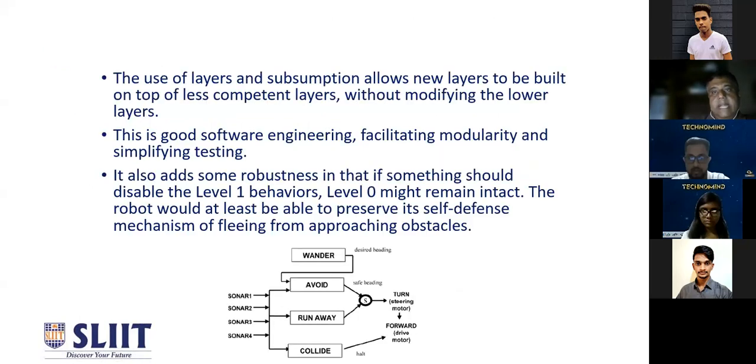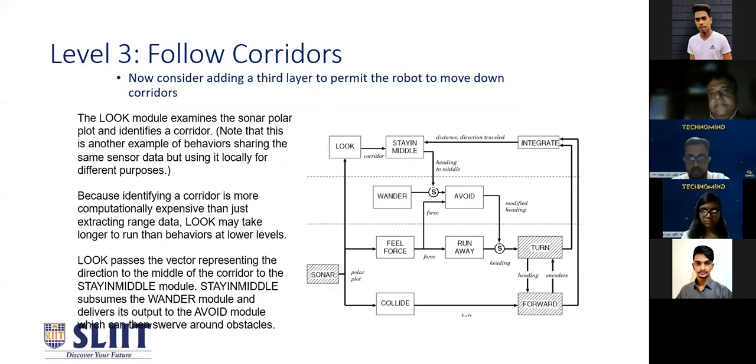Now, let's see what happens when we have a third behavior. The third behavior can be follow corridors. Using the same sonar data, this third behavior tries to identify corridors. If a corridor is identified, then a heading is recalculated to be in the middle of the corridor. So it overrides the previous heading.